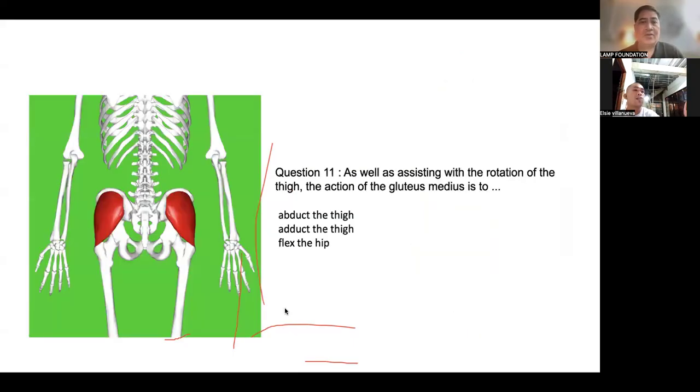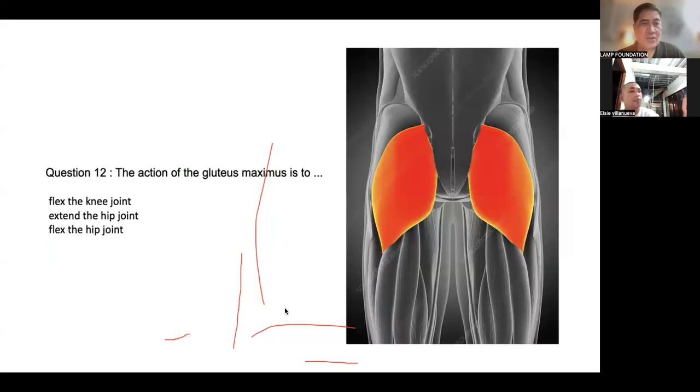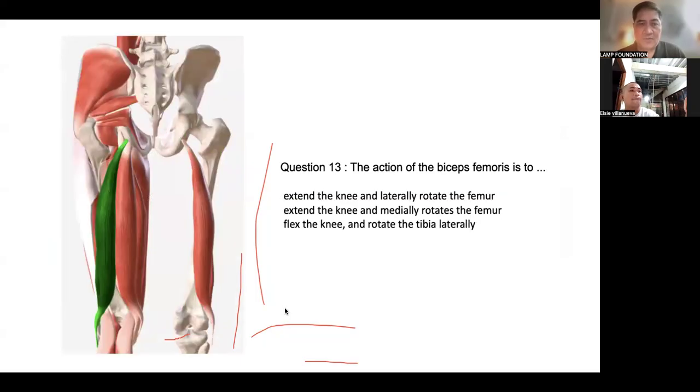As well as assisting with the rotation of the thigh, the action of the gluteus medius is to abduct the thigh. Action of gluteus maximus: extend hip joint. Action of biceps femoris: flex the knee and rotate the tibia laterally.